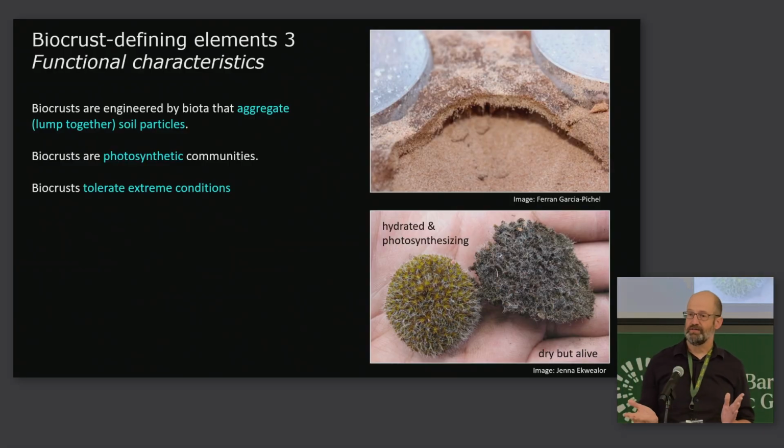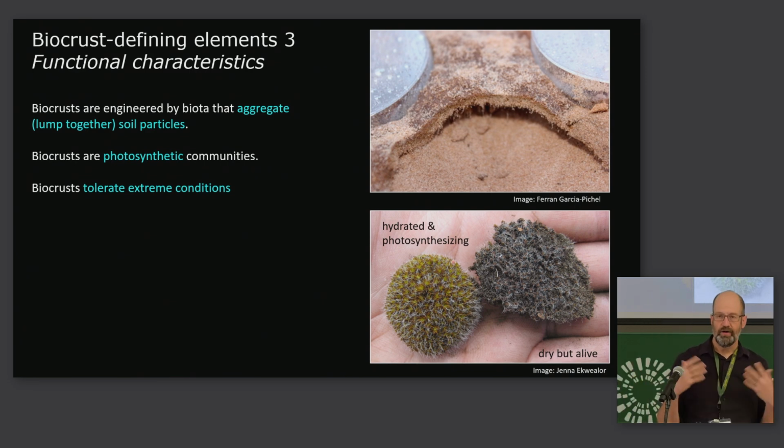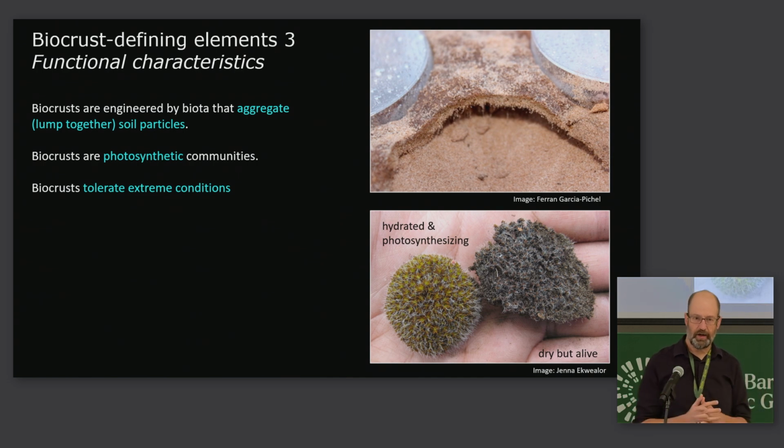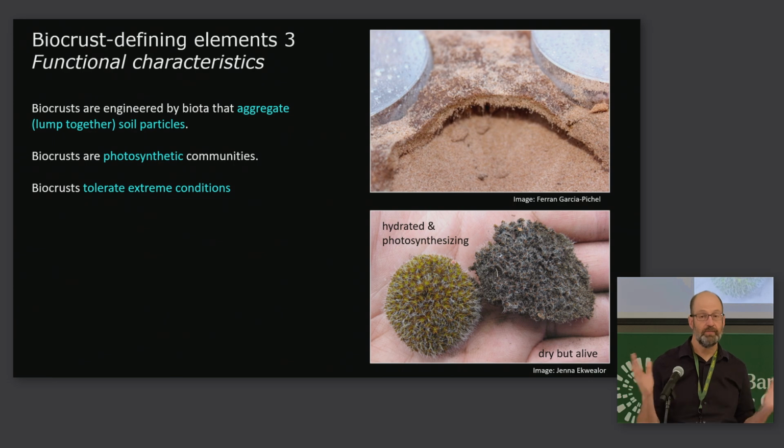Next one is the functional characteristics, and I've got a few to talk about here. One of the signature moves of a biocrust is aggregating soil particles, or lumping them together. They can take individual particles of sand, silt, clay, and put them together into larger bodies.